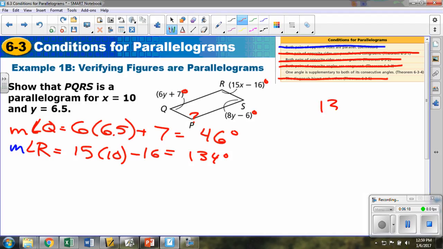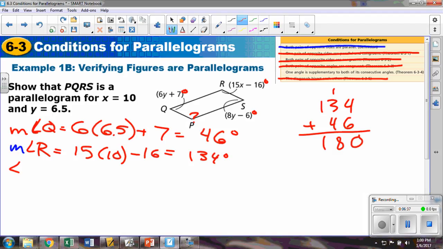Of course, we can go off and observe that if we add those two angles together, those are supplementary. So right there it is. We've got one pair of supplementary angles. Now we have to show that this angle R is supplementary to the other one. So the measure of angle S, 8 times y, subtract 6.